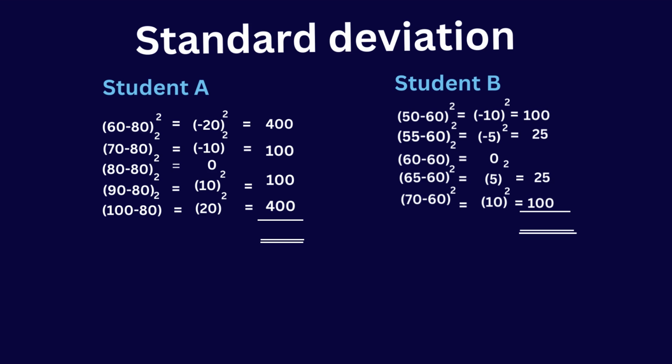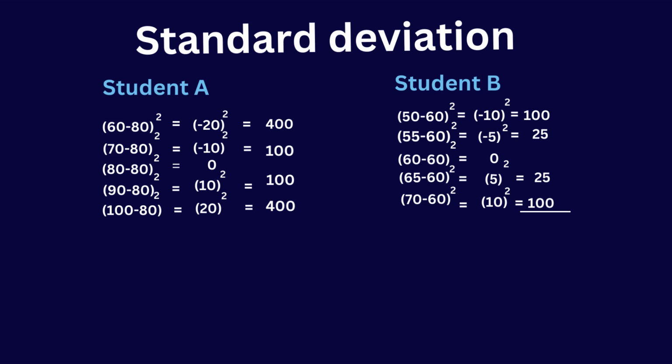The third value is 60, and 60 minus 60 is 0, so the square is also 0. The fourth value is 65. 65 minus 60 is 5, and the square of 5 is 25. The final value is 70. 70 minus 60 is 10, and the square of 10 is 100.